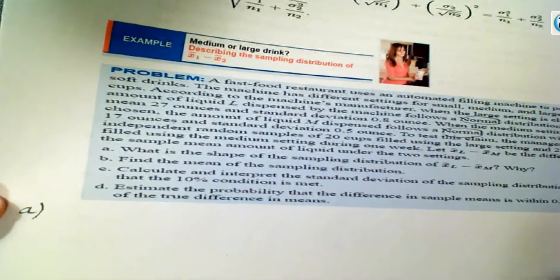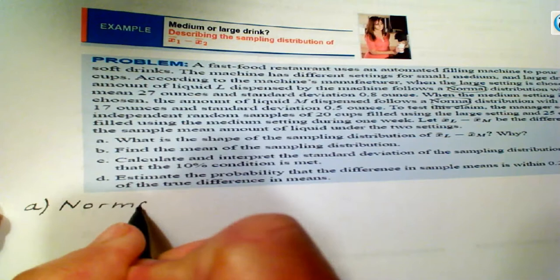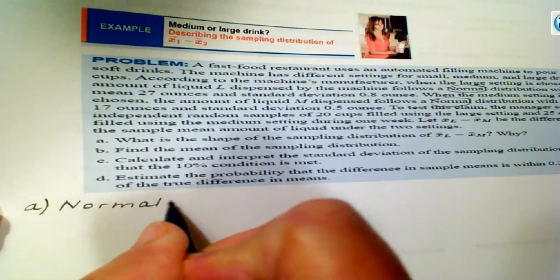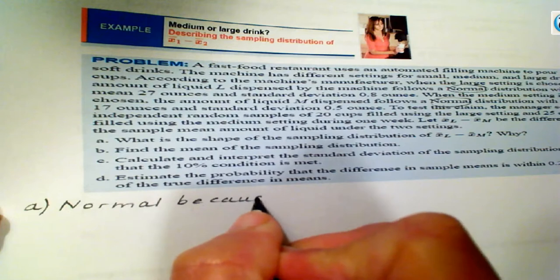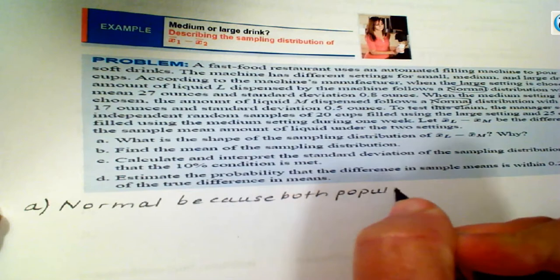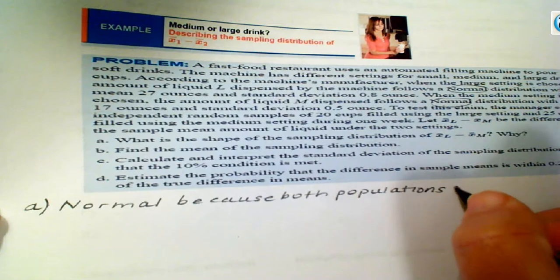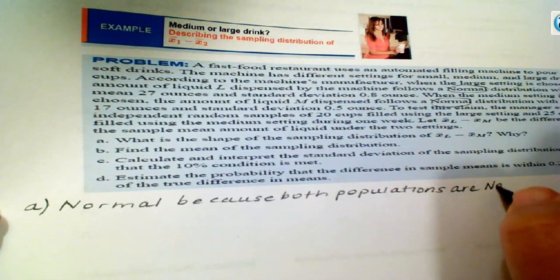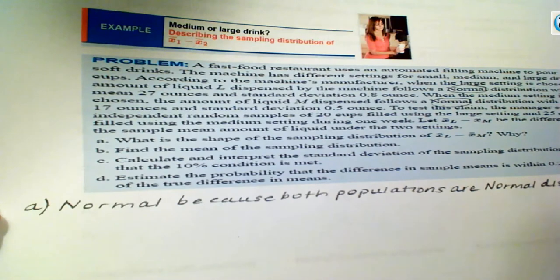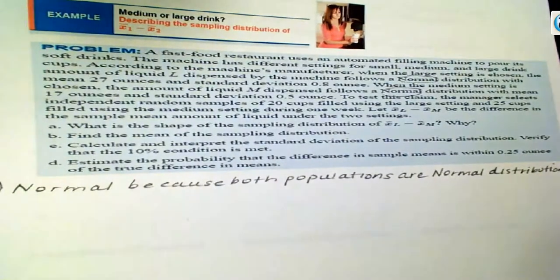So we're going to say that the shape of the difference is normal because both populations are normal distributions. So we know they're normal because of that. We don't have to do any kind of formula. We can just say they're normal because both populations are normal distributions.